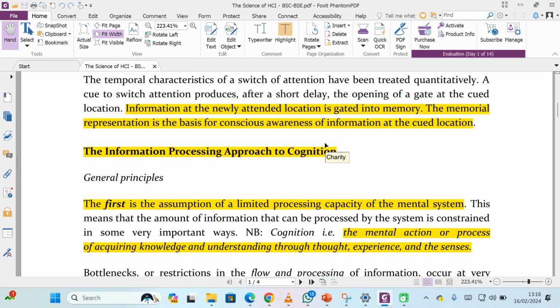Now, from our SHS level, we know that we have about 5 senses. We have our eyes for vision, we have the skin to feel something, we have the nose to smell.